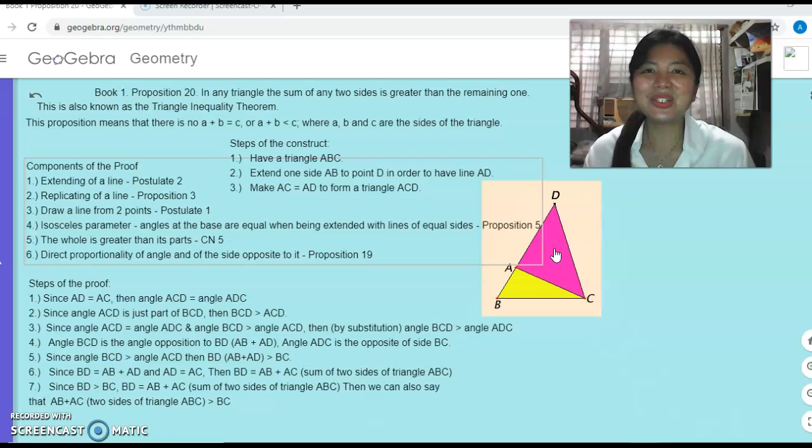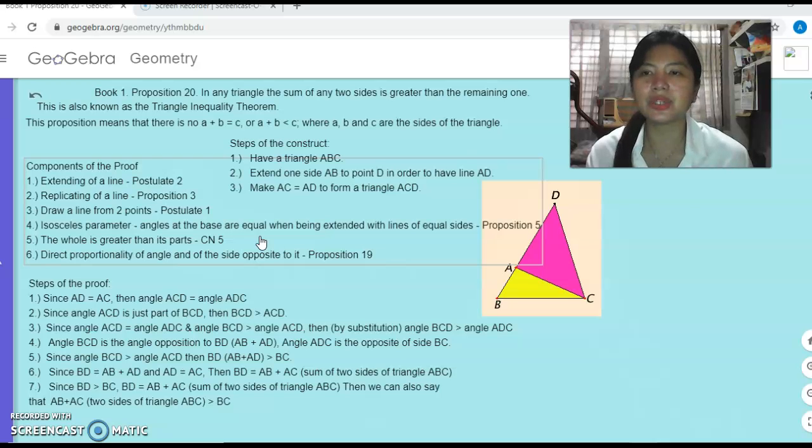To show consistency to the proposition, here are the components of our proof. Again, we have extended the line, replicated the line, and drawn a line from two points. We also have the isosceles triangle principle, that the angles at the base are equal when the triangle has two sides of equal length.